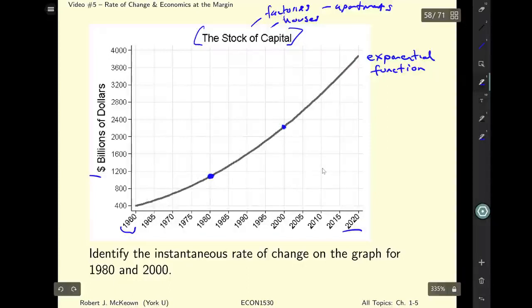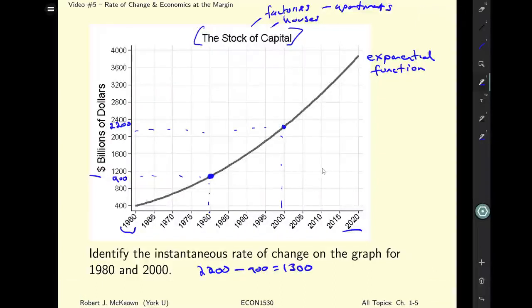I see that this looks like maybe it's 2200 there. This looks like maybe it's 900. And from 1980 to 2000, the change is 2200 minus 900, which equals 1300.